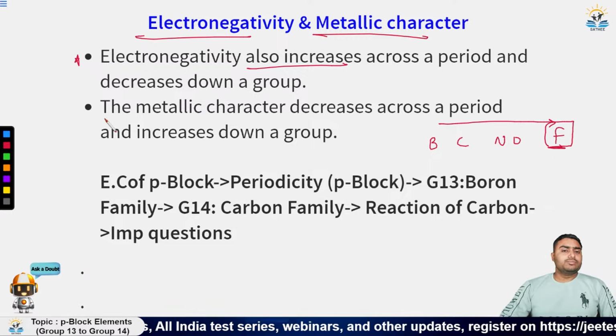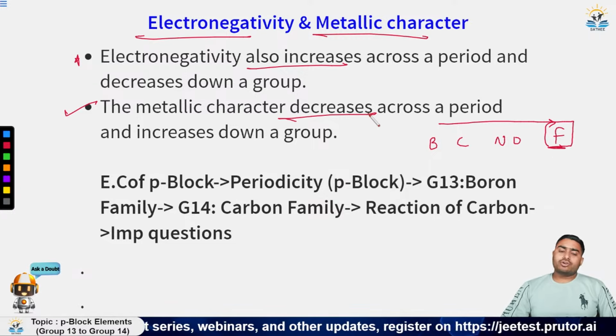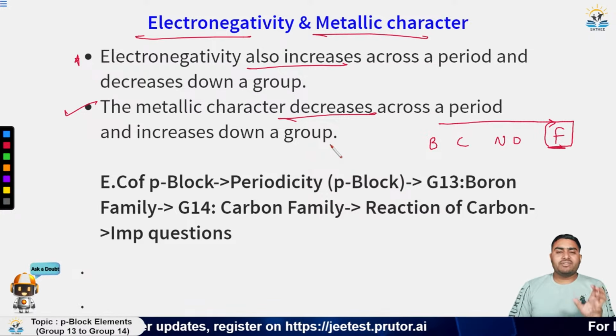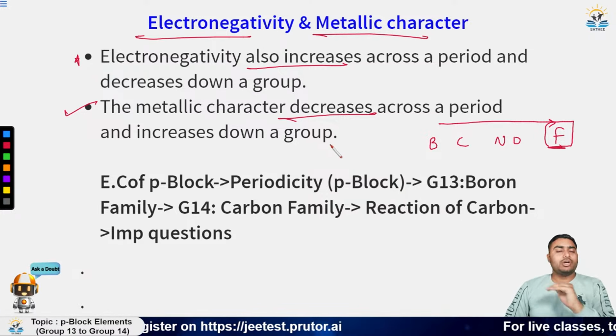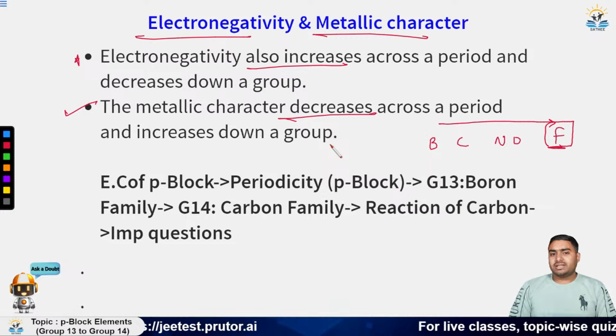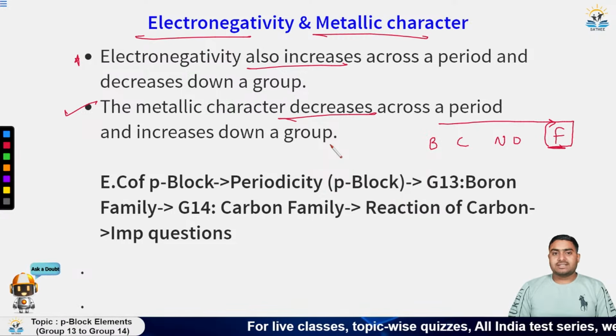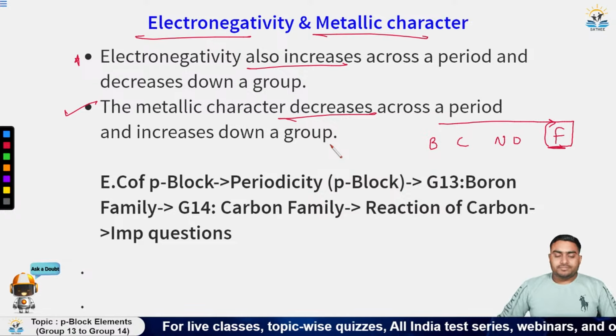Now the next point is that metallic character decreases across a period. Let's go back to the electronegativity point. Electronegativity increases across a period when you are moving left to right in a periodic table, but it decreases down a group, because down a group size increases, right?